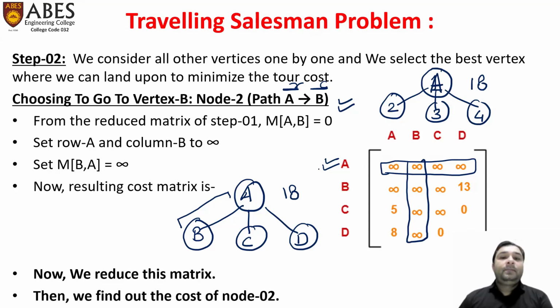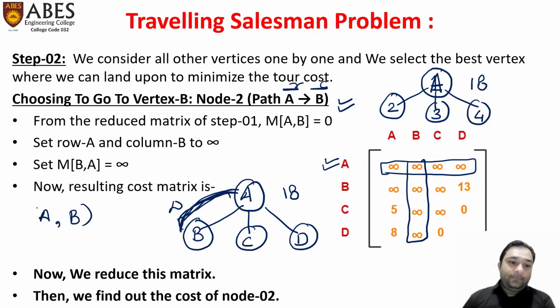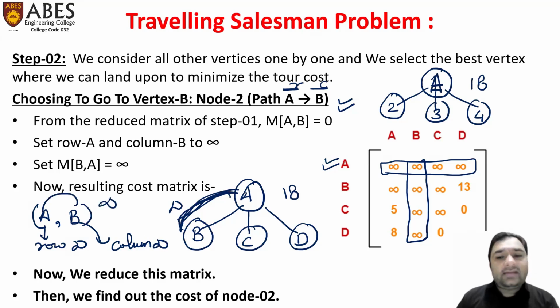Then the next step is to make B to A infinity. Simply, let's see that A to B is given. We made the A row infinity and the B column infinity. Simply B to A as infinity. Why B to A as infinity? We have done B to A as infinity with the objective that a cycle must not be formed here.